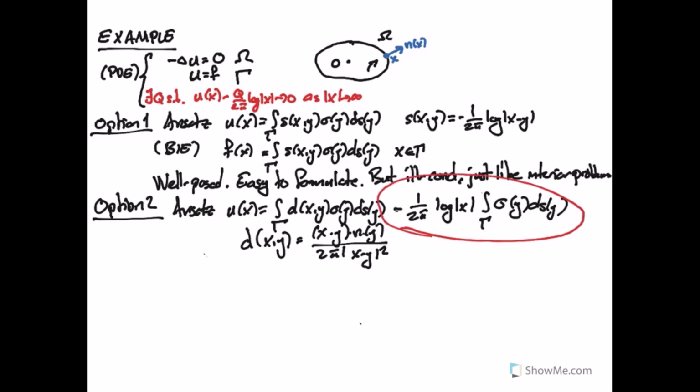So what is this? This is the field from a point source located at the origin. I'm assuming that the origin is inside the contour here. Otherwise, you just need to include some arbitrary point inside the contour and do x minus that arbitrary point. So I'm adding here the field from a monopole centered at the origin of strength equal to the integral of sigma.